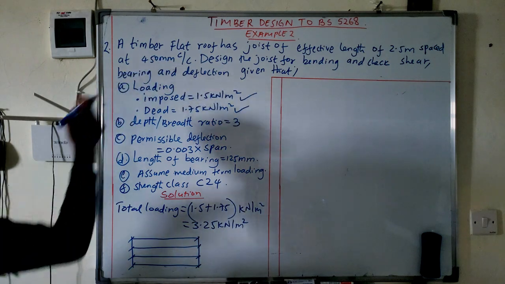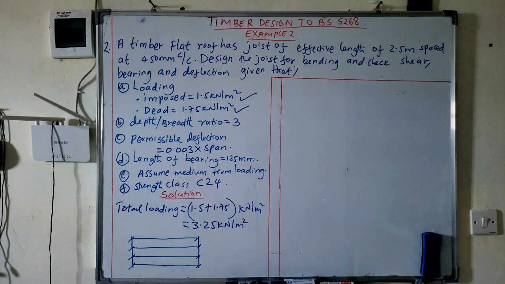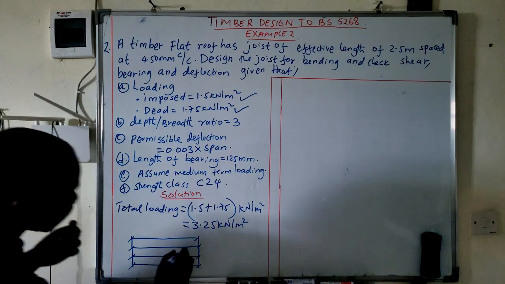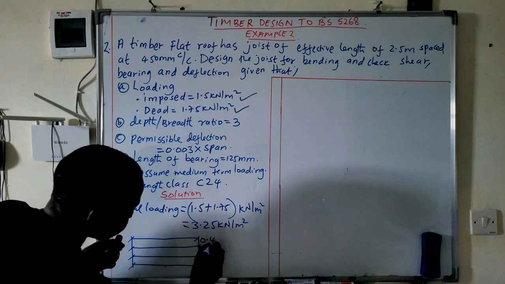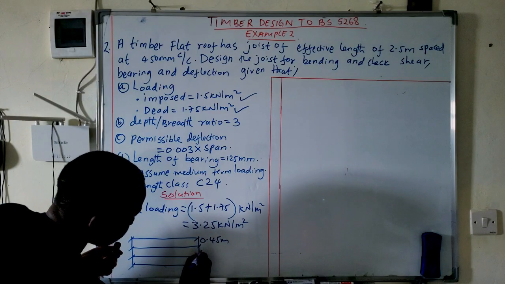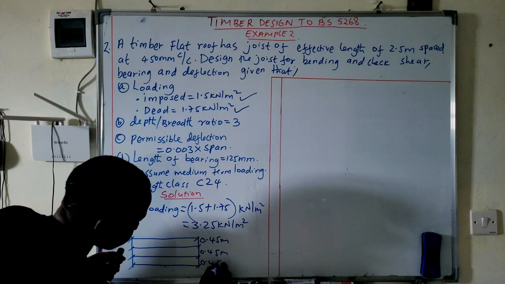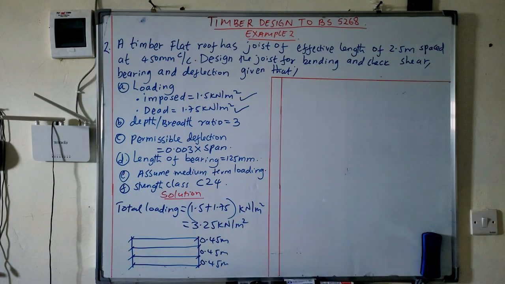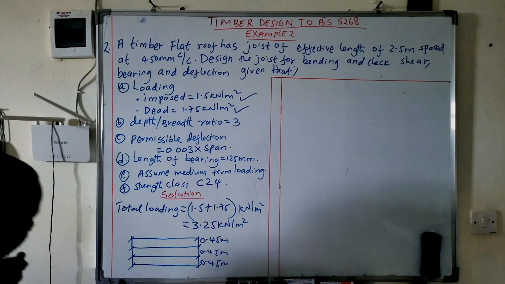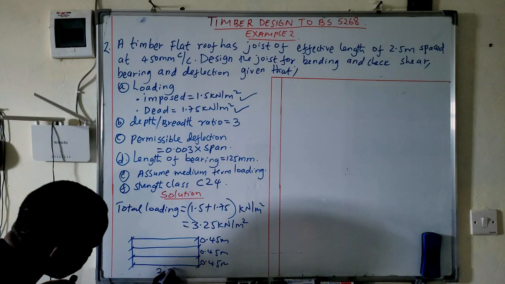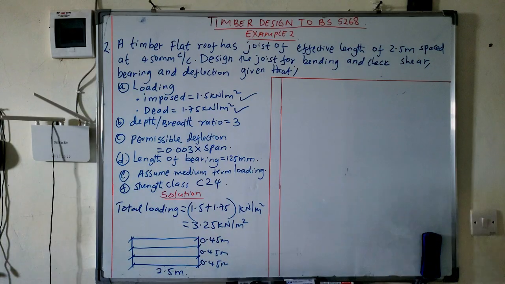Convert this 450 millimeter into meters. So it will be 0.45 meters. And the effective length is 2.5 meters.